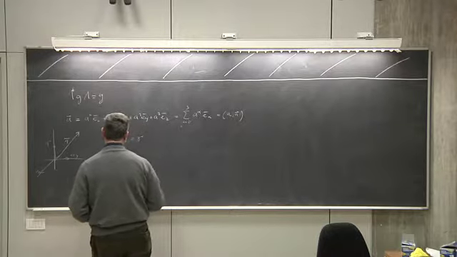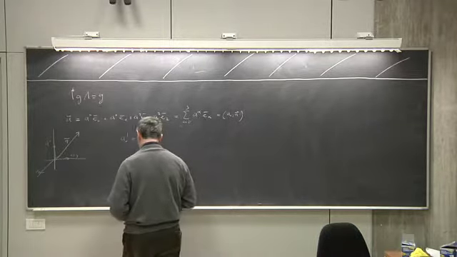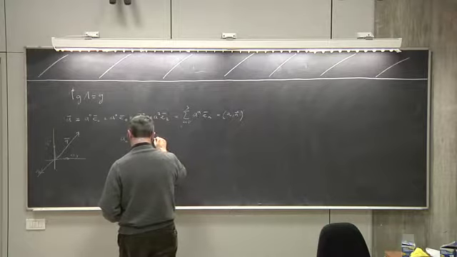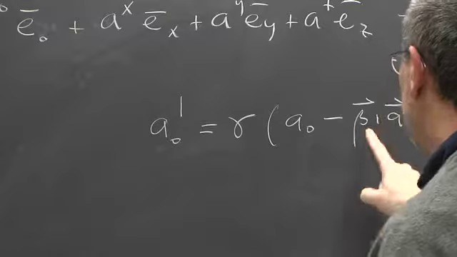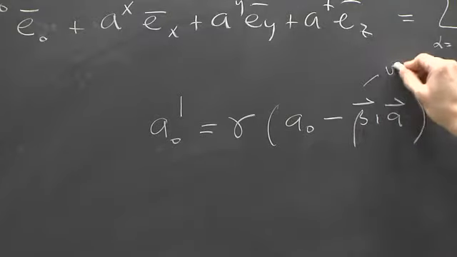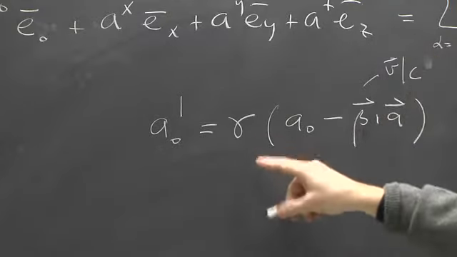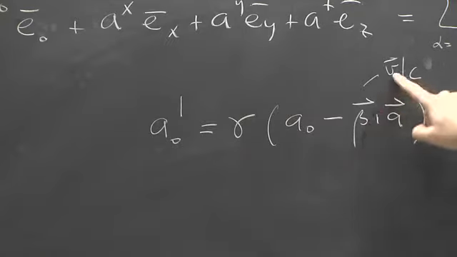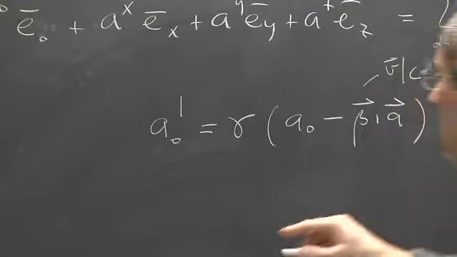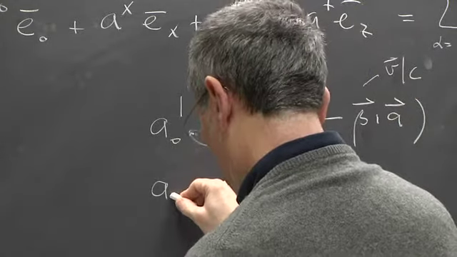Remember, gamma is 1 over the square root of 1 minus beta square.